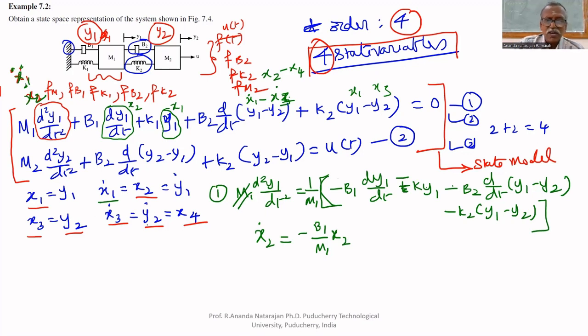We should not substitute any derivative. Minus K1 by M1, y1 is x1, minus B2 by M1, derivative of y1 is x2 minus derivative of y2 is x4.